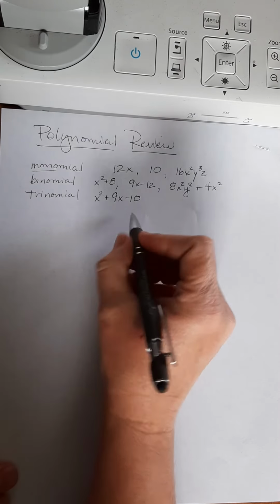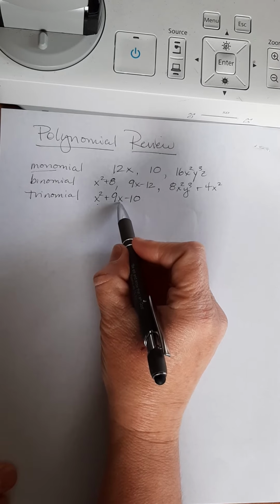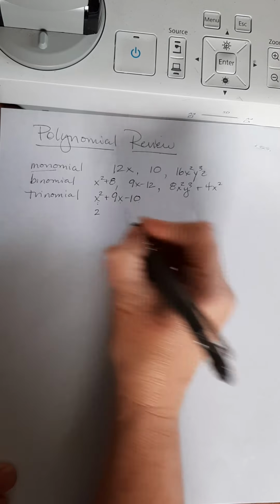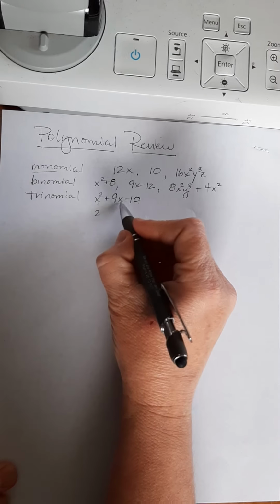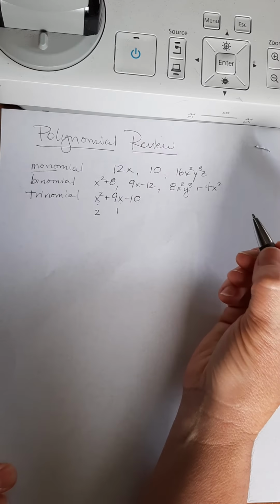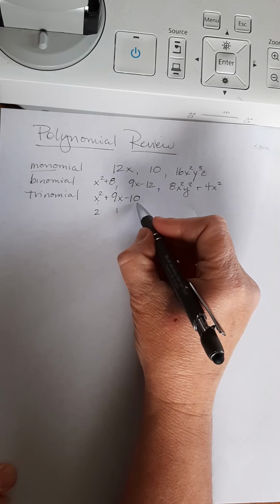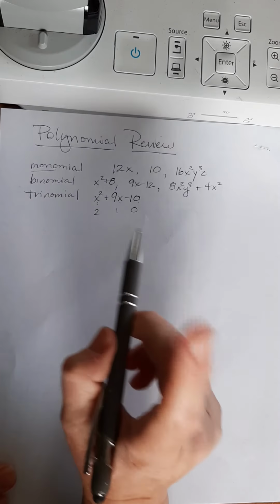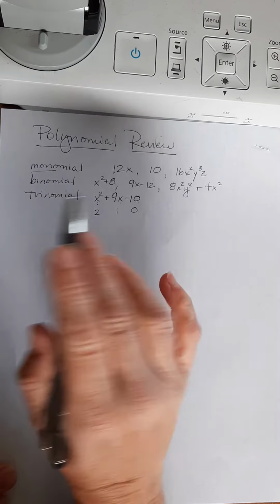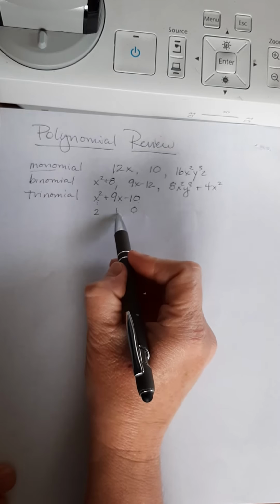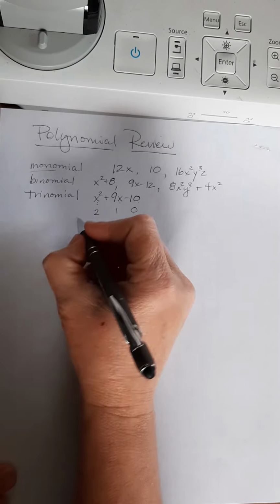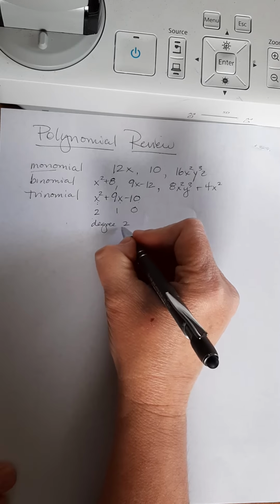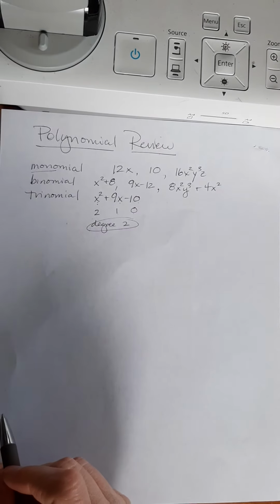So let's say this one, x squared, x, and 10. In this term, we have 2 x's. In this term, we have 1x, because remember, there's an understood 1. This term, we have no variables. And the most common mistake is adding them up, but you don't. You take the highest of what's represented. So that would just be degree 2.